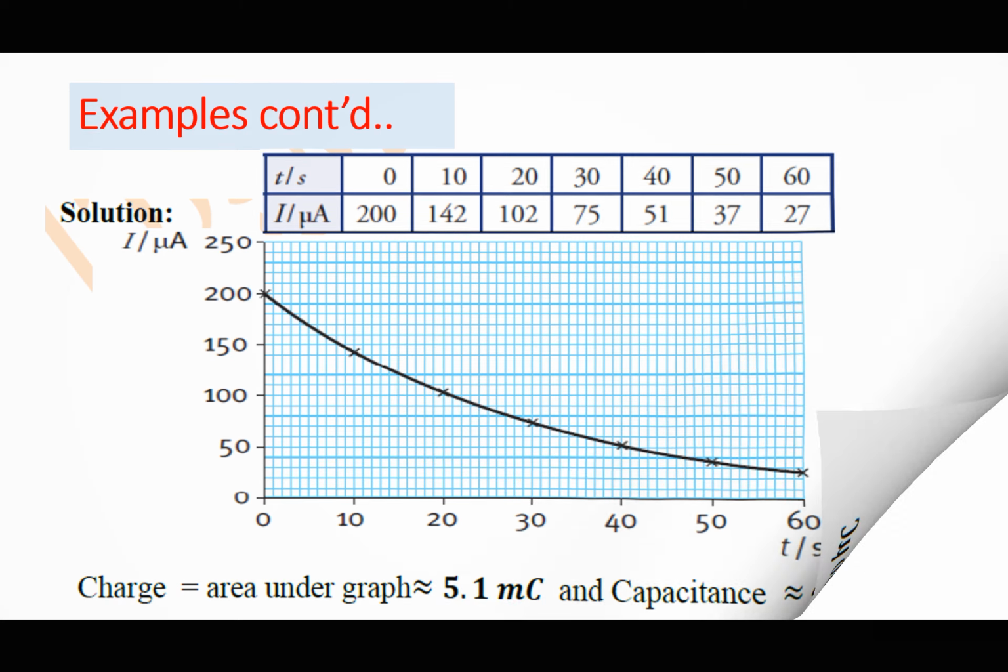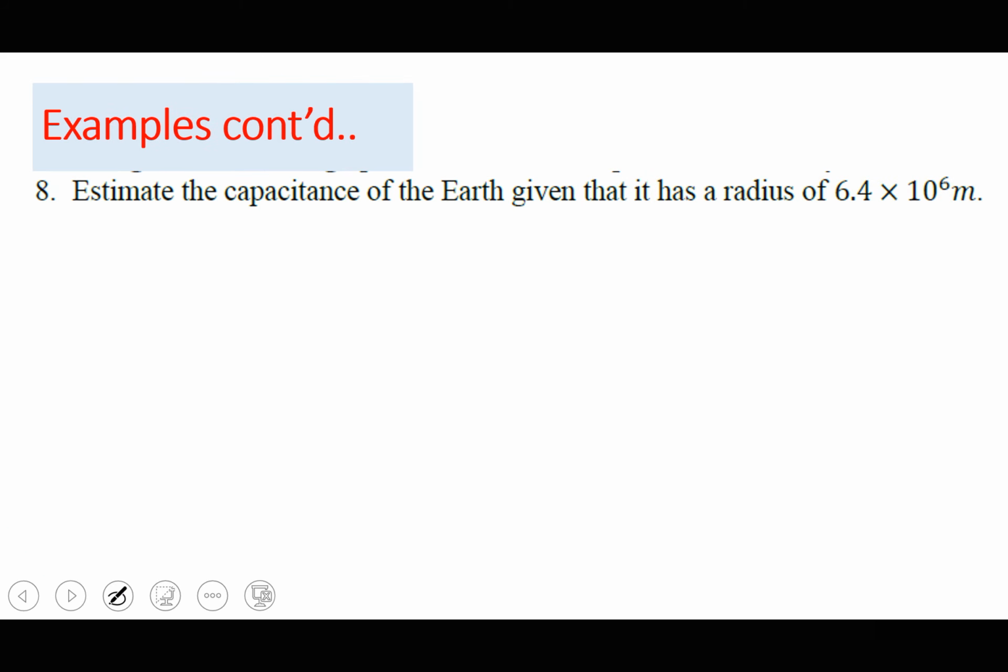Then lastly for this lesson, estimate the capacitance of the Earth given that it has a radius of 6.4 times 10 to the power of 6 meters. So assumption, we can assume that the Earth is spherical.